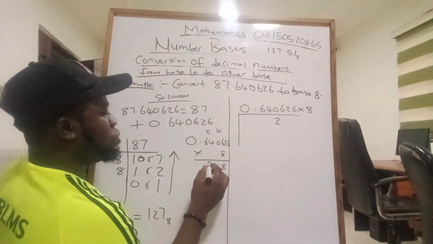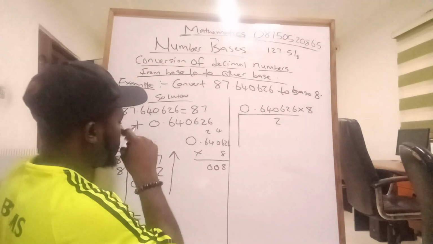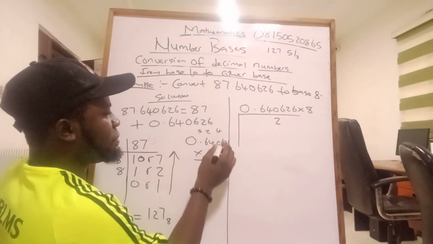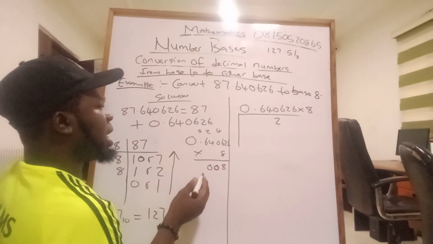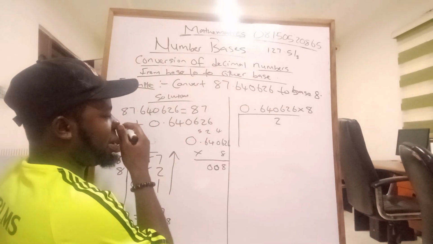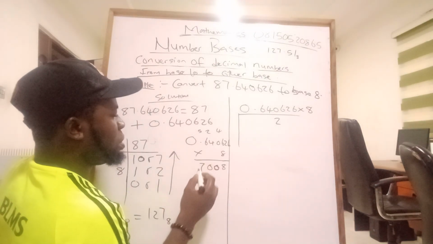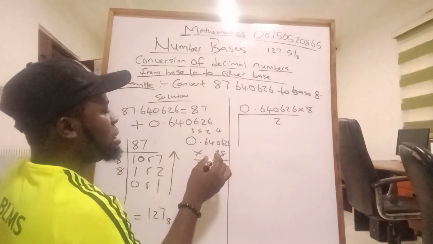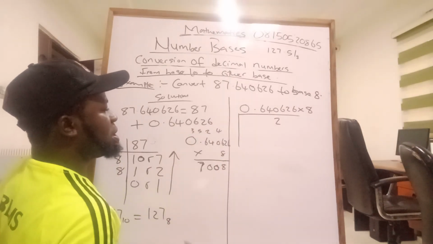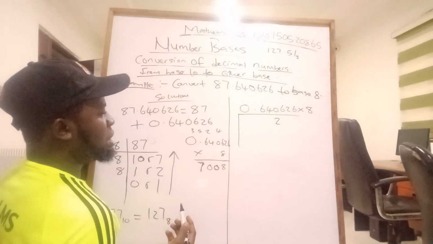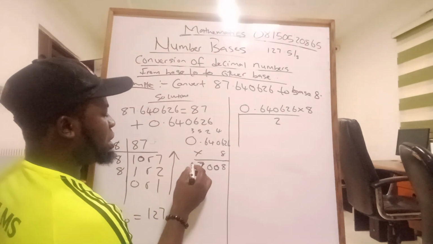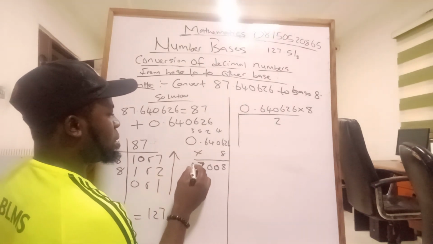48 plus this 2, that will give us what? That will give us 50. We keep 5. 8 times 4 is 32. 32 plus 5, that's 37. You keep 3. 8 times 6 again, that's 48. 48 plus 3 will give us 51.